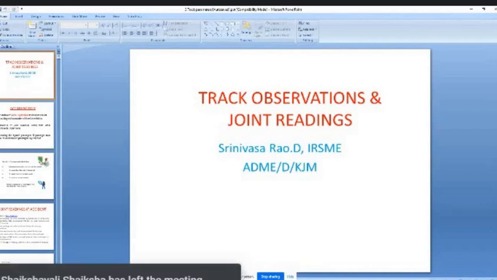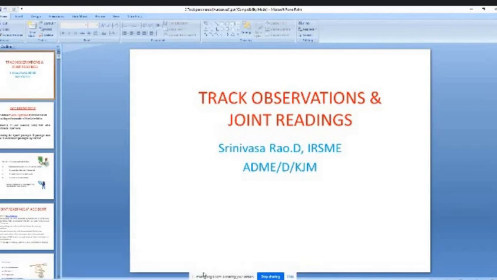Old SSEs may be thinking, sir, this may be the reason, this may be the reason. That is why, for the present generation SSEs, JEs, and whoever the officers are, you have to study the track perfectly. Then only you will get good knowledge of the track. Whatever presentation I am making is only 5 to 10% of the track.